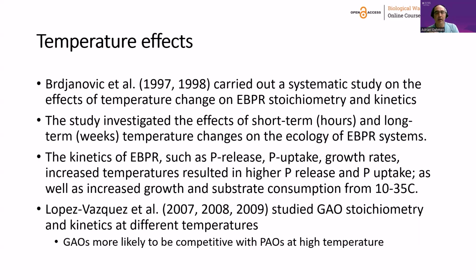EBPR can be helped by those faster kinetics at the higher temperature, but you also have an increased likelihood of GAO growth and that competition between GAOs and PAOs for acetate or VFA uptake, for example, at high temperature. It can occur more at those high temperature ranges of say 30 degrees or so.